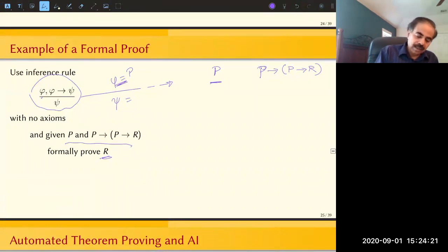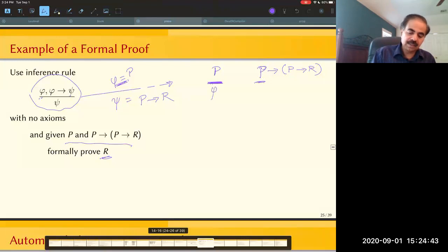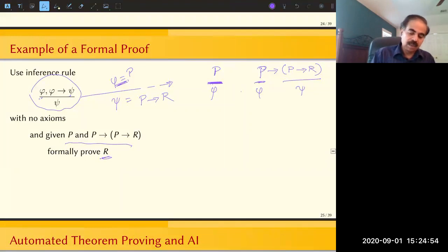So now you can see you can match phi is P, and phi implies psi. That matches again. This is phi, this is phi, this is psi. So you can see very easily that these two given pieces of information match the top of this inference rule.